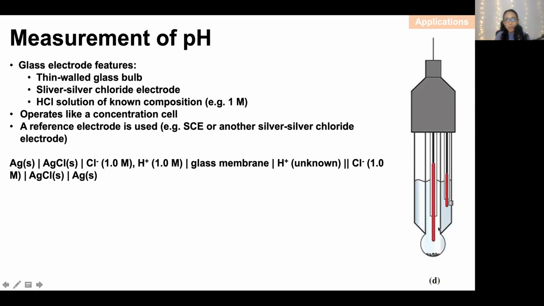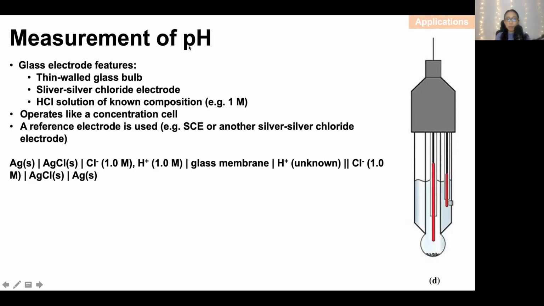And this is essential because the pH meter needs to sense the amount of hydrogen ions in your liquid sample. And aside from this, typically it has the silver chloride standard electrode. And then inside this glass electrode is also a hydrochloric acid solution of known composition. For example, it's set to 1 molar.